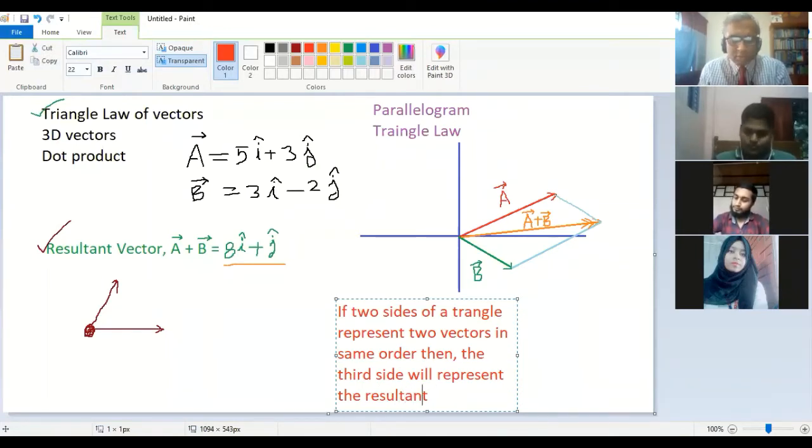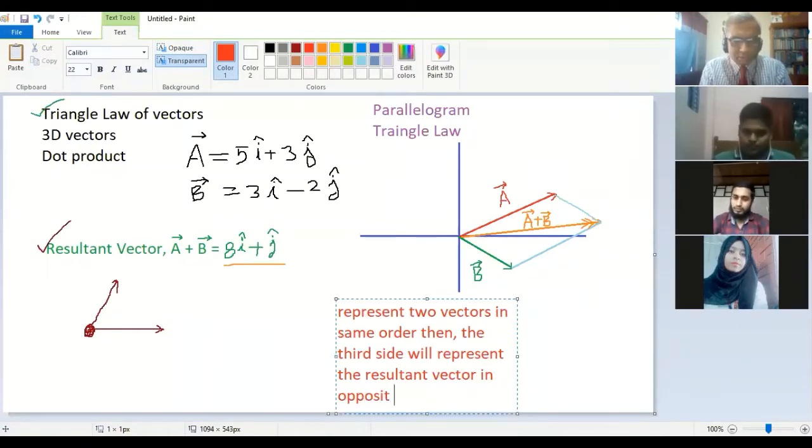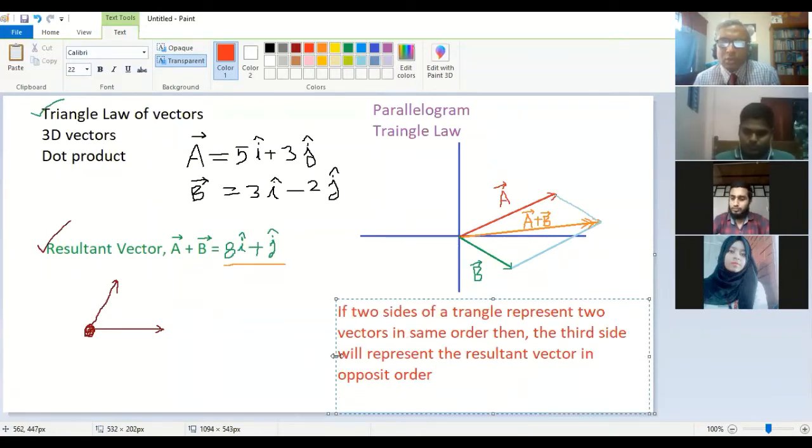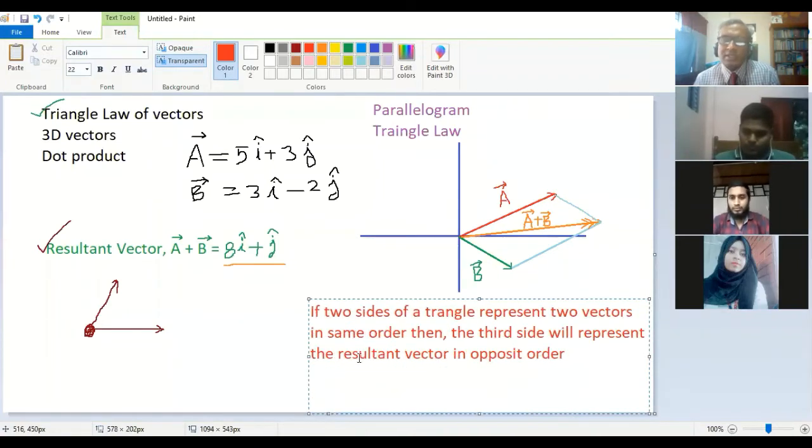The third side will represent the resultant vector in opposite order. In opposite order. So this will be the triangle law. You can also say the same thing as the parallelogram law, but it will be written in a different way. So I'm not telling that thing, exactly the same thing.